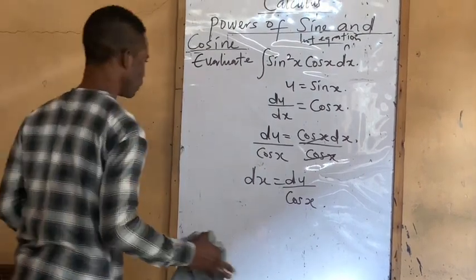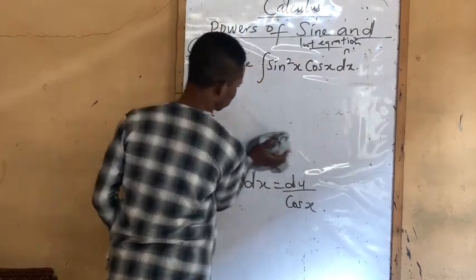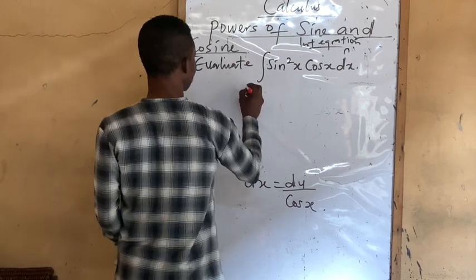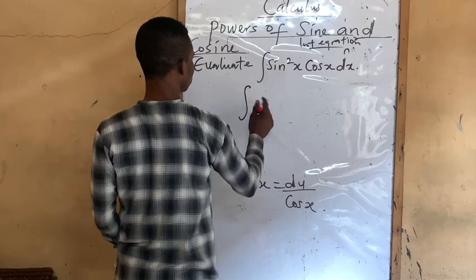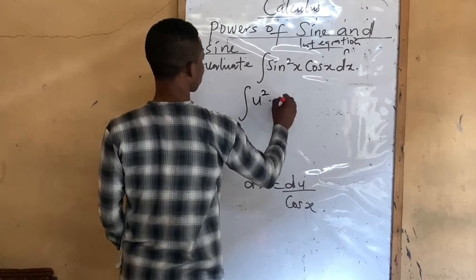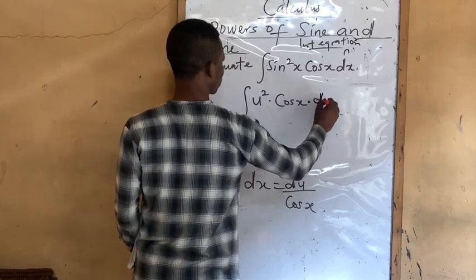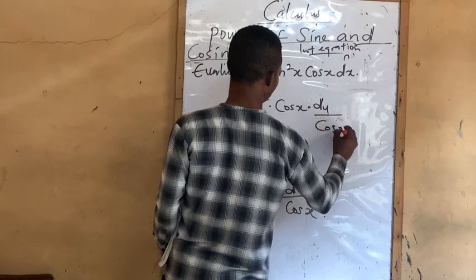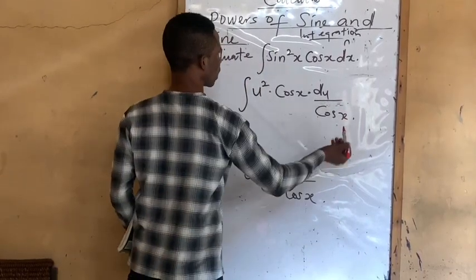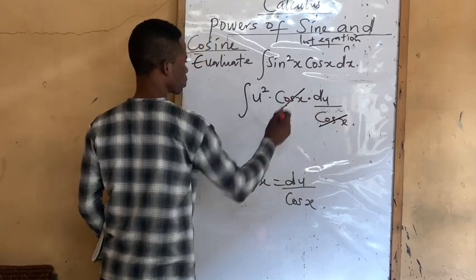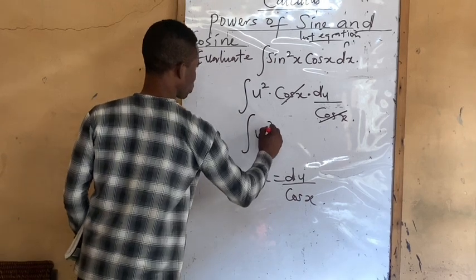Since I've gotten my dx, that means integral of, I've turned sine x to u, u squared multiplied by cos x. What's my dx? My dx is du all over cos x. So what's the next thing? As you can see, cos x cancels cos x. So we are left with integral of u square du.